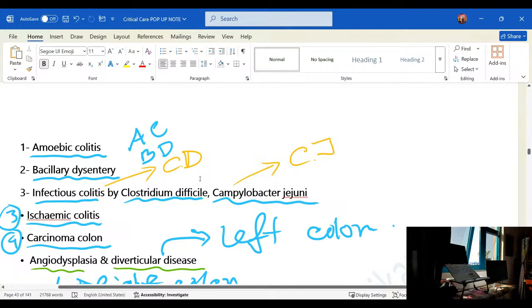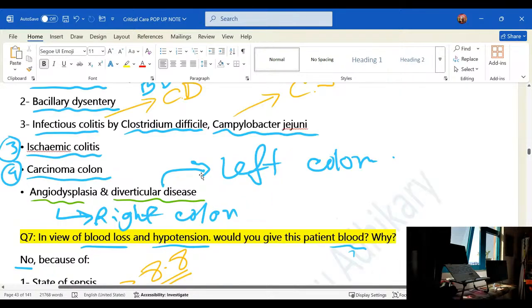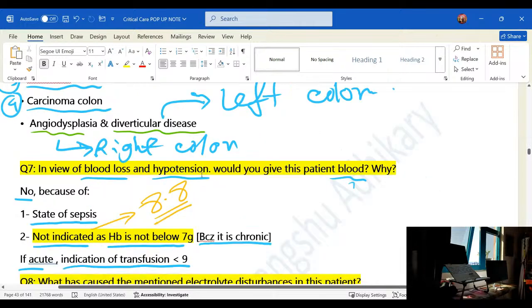Also ischemic colitis, carcinoma of the colon, and diverticulitis or diverticular disease.